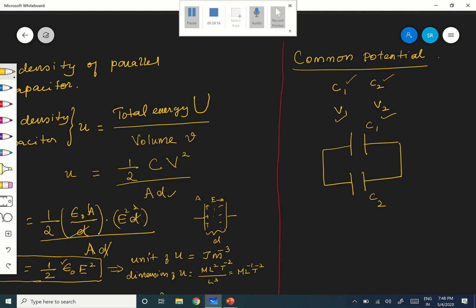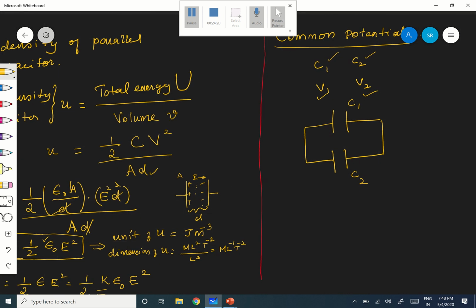Now, our job is to find the expression for the common potential. I told you they are connected in parallel.